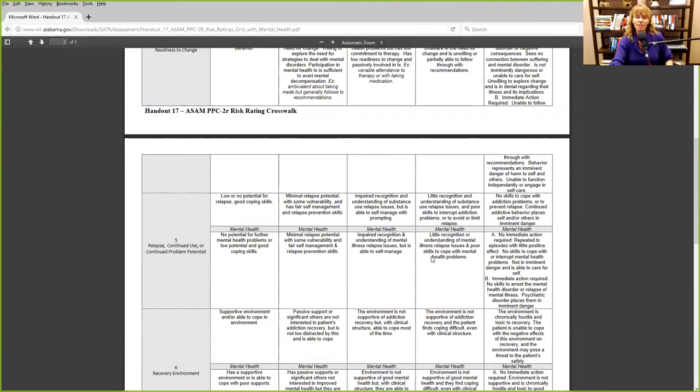Intensive outpatient, the person still has impaired recognition and understanding of mental illness relapse issues, but is able to self-manage. So they're still not seeing what triggers their mental health problems, what triggers their depression, their anxiety, their anger, whatever it is. Or when they are triggered, they have difficulty remembering which coping skills and tools to use to deal with it.